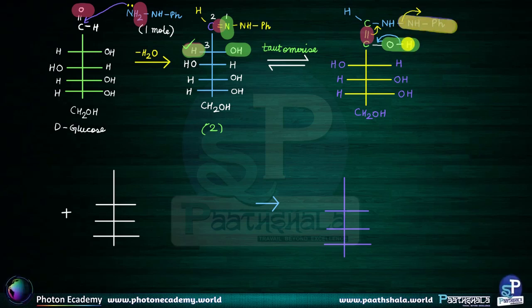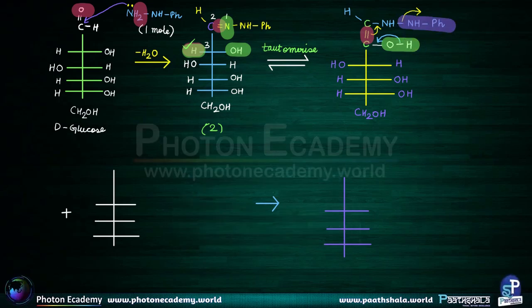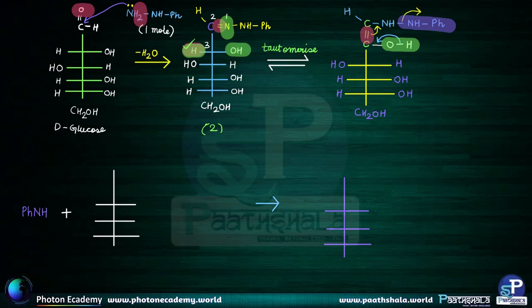Also, the hydrogen of this O, which is left now, will attach itself to this NHPh and lead to a side product. We're left with Ph, the phenyl, and NH from this region, and then a hydrogen from this OH. So we are left now with PhNH2.